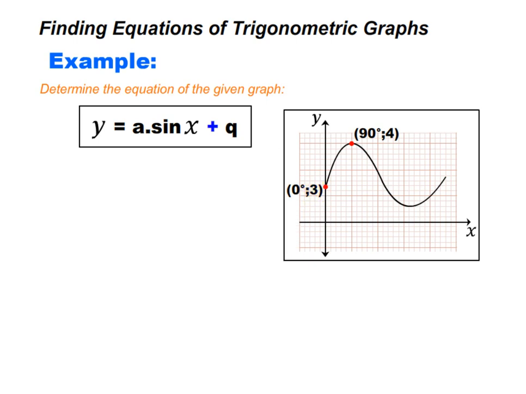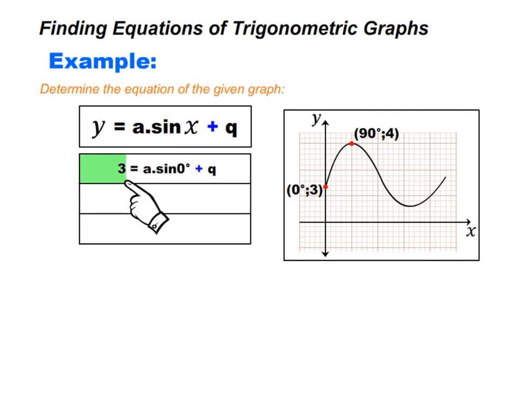In the equation, y is equal to a multiplied by sine x plus q, let us put 3 in the place of y, and let us put 0 degrees in the place of x. So far we have 3 is equal to a multiplied by sine 0 degrees plus q.